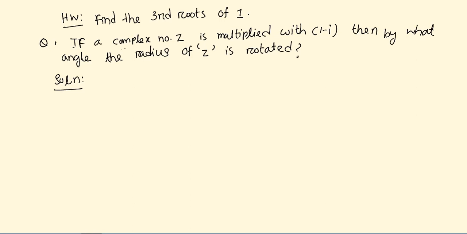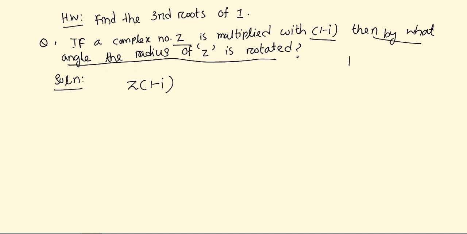So we have a complex number z and we have to multiply another complex number 1 minus I, and we have to find by what angle the radius of z is rotated.